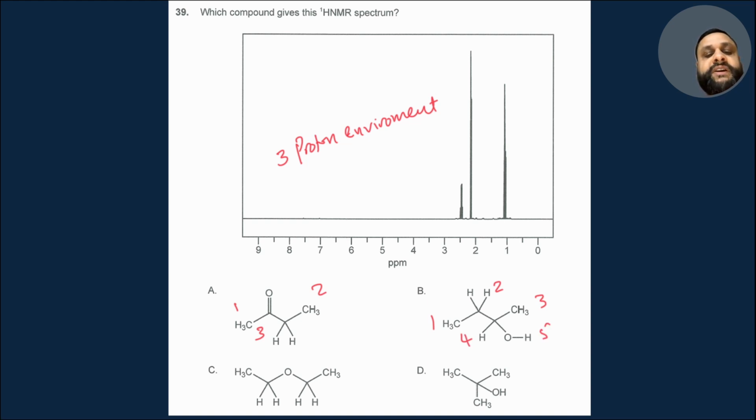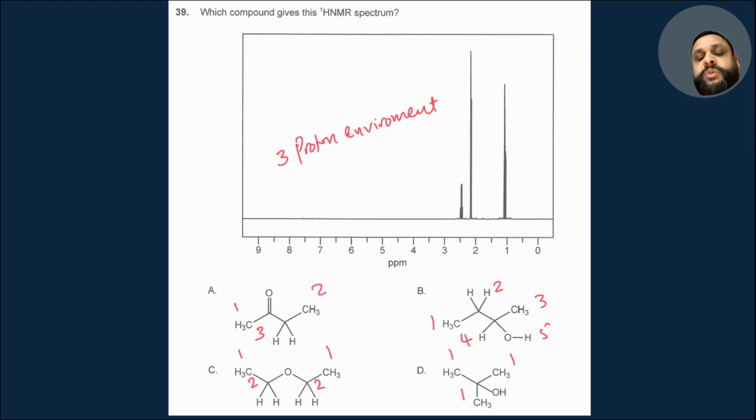Move to C, we have 1, these 2 methyl groups. So 3 protons each, they are equivalent. So 2 and 2. 2 proton environments. Let's look at option D. So we have 1, all 3 methyl groups, all these protons, they are equivalent.